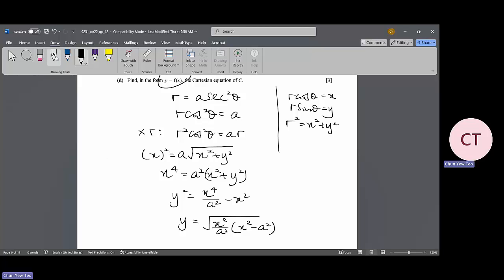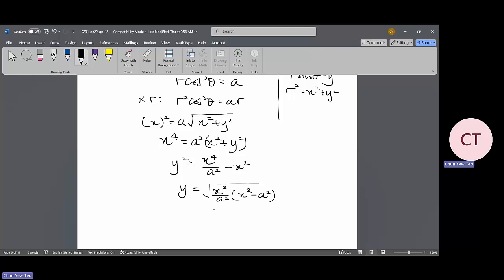Okay, sorry, this is x squared. Take the x squared out. Okay, we can leave it like this. So over here, your y is equal to x over a times the square root of x squared minus a squared, correct? So that will be the answer.